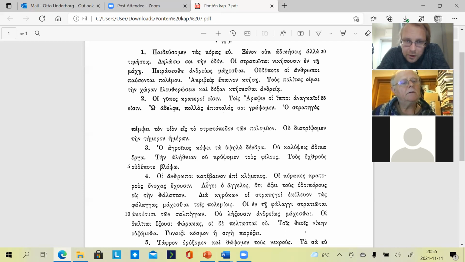Usually the augment is before the verb, but here it's in the middle, because it's a compound verb where the first part is a prepositional prefix, kata, and the last part is the actual verb, baino, which means walk or march, or in this case, climb down. Kata means down, the preposition.